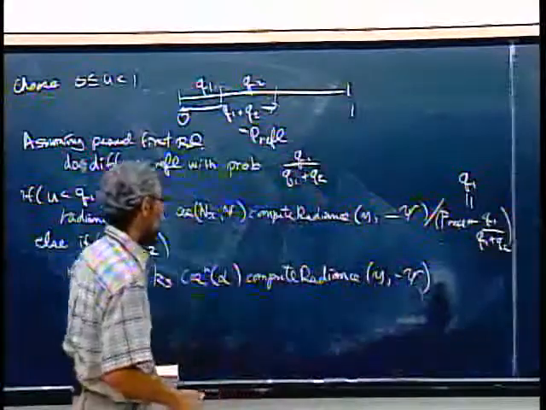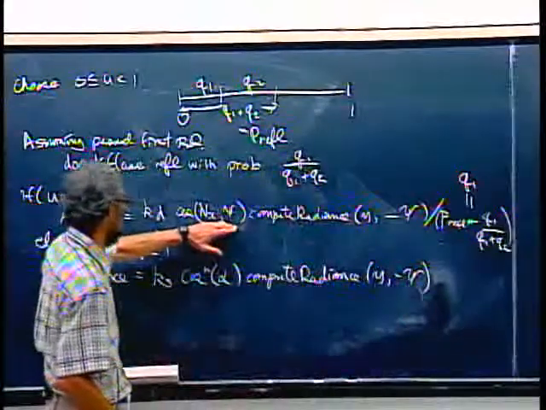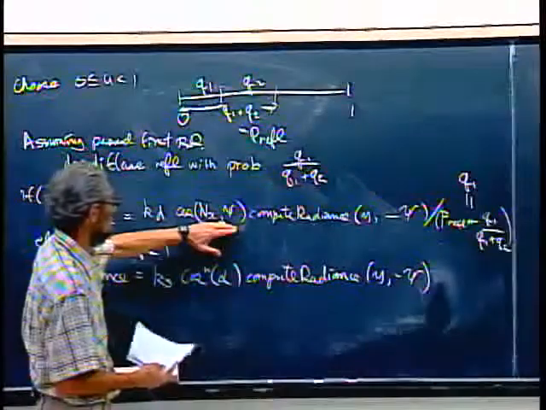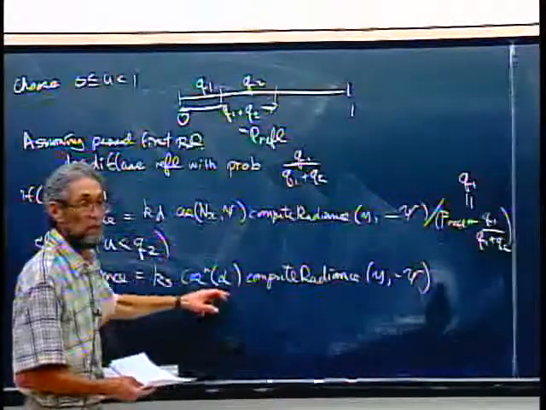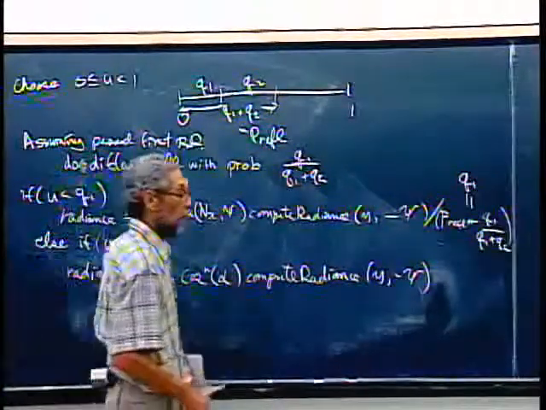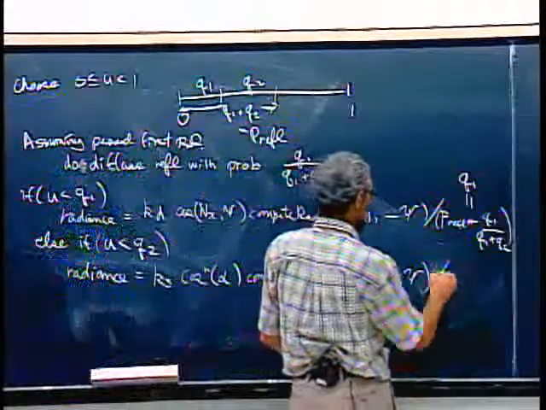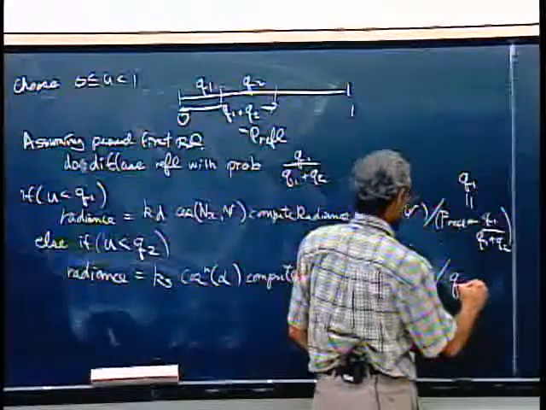And now we don't have this dot product in it because that dot product is already part of this distribution. And now we just divide by Q2.